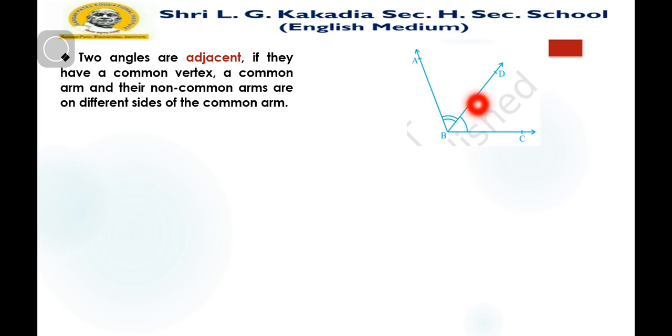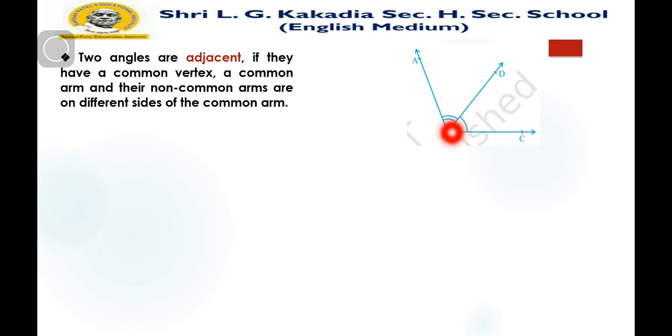Here you can see one common arm and common vertex, and non-common arms are on the opposite side of these common arms.